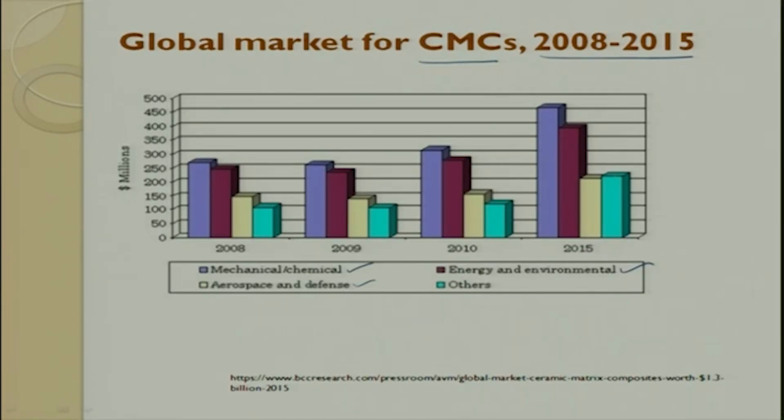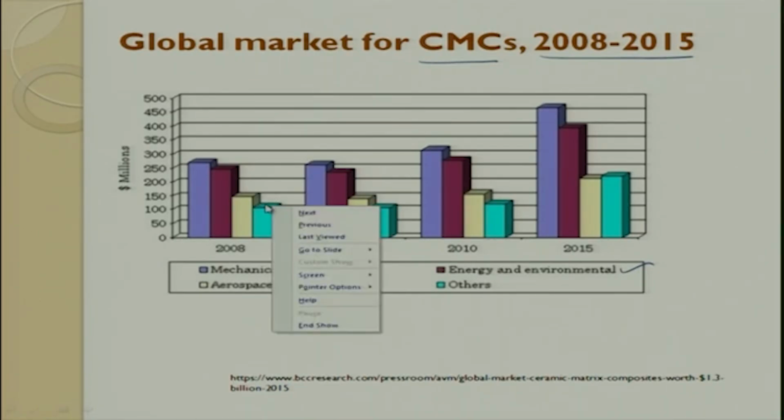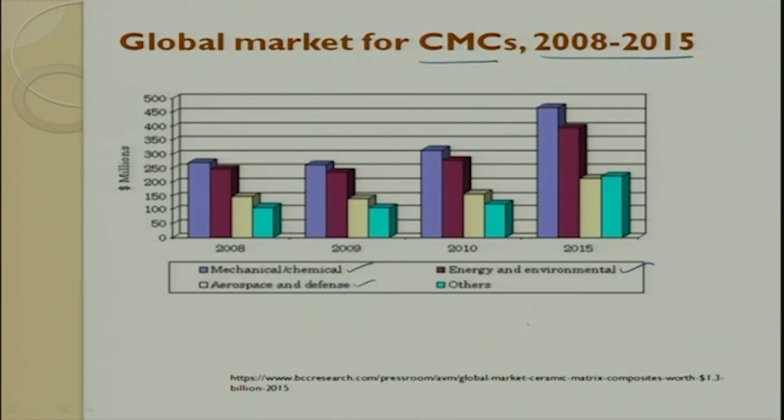You can see slowly from 2005 it has gone from $250 million to close to $450 million. And this one, from $100 million, has gone to $220 million. So, the other industries also have a lot of usage of ceramic matrix composites.